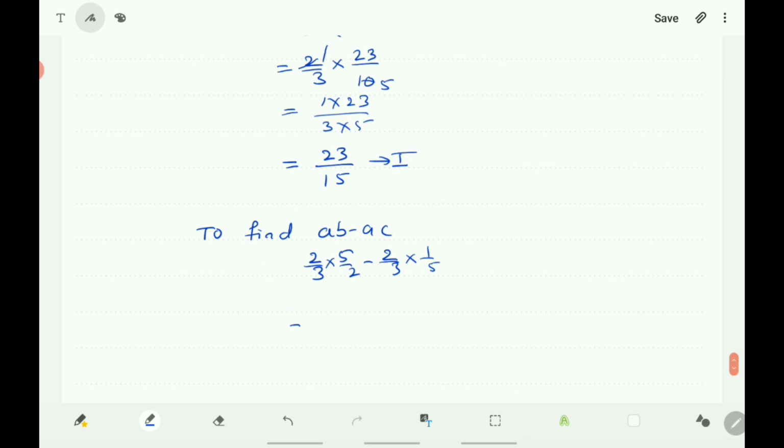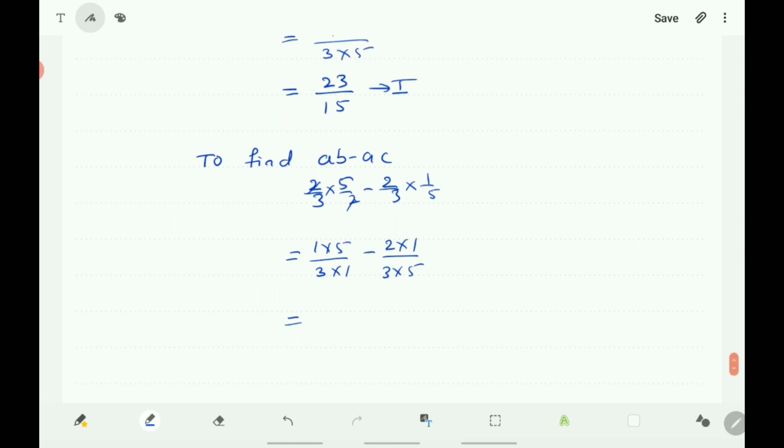That is equal to, 2 cancels here, only 1 into 5 by 3 into 1, minus, here directly you can multiply, that is 2 into 1 by 3 into 5. So it is 5 by 3 minus 2 by 15.